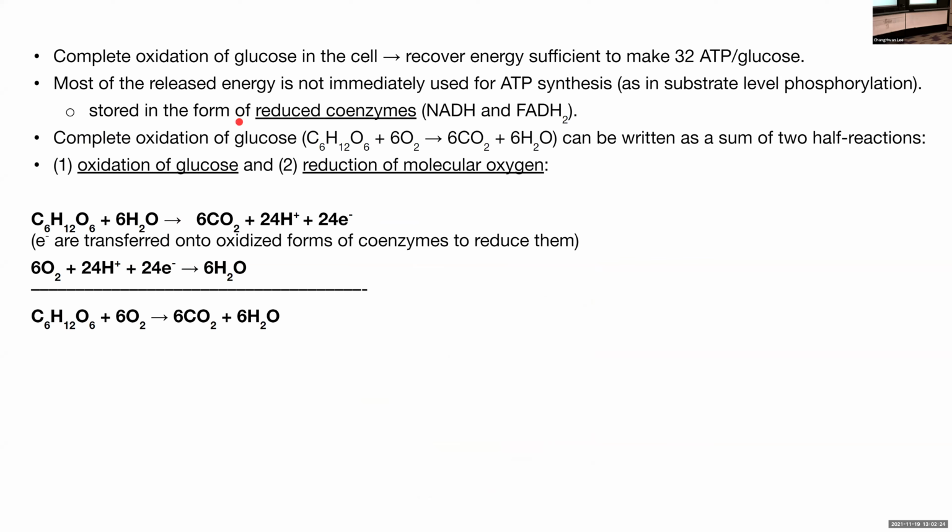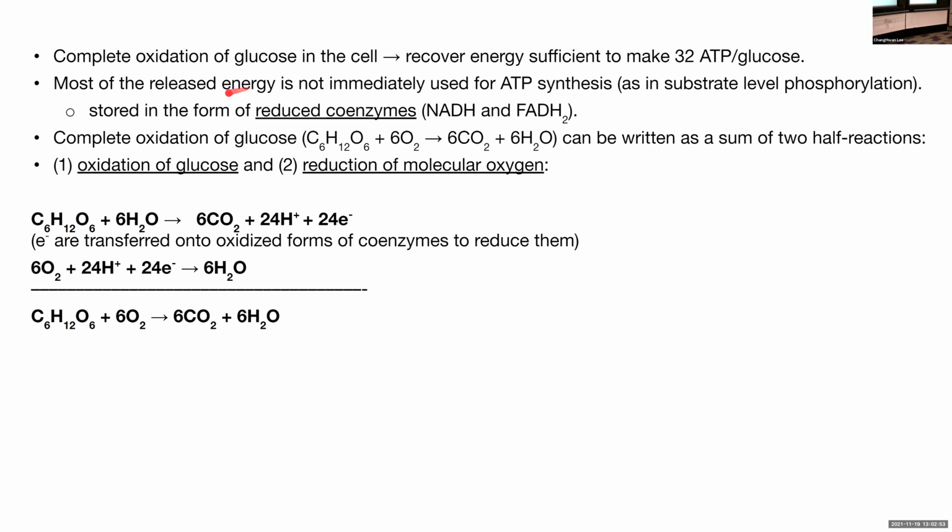And this is the last slide, where it's all about the oxidation of glucose and breaking it into carbon dioxide, generating a lot of energy. And this is all about making ATP, but because there's a lot of energy released from sugar or glucose, that doesn't mean that everything will be immediately converted to ATP.